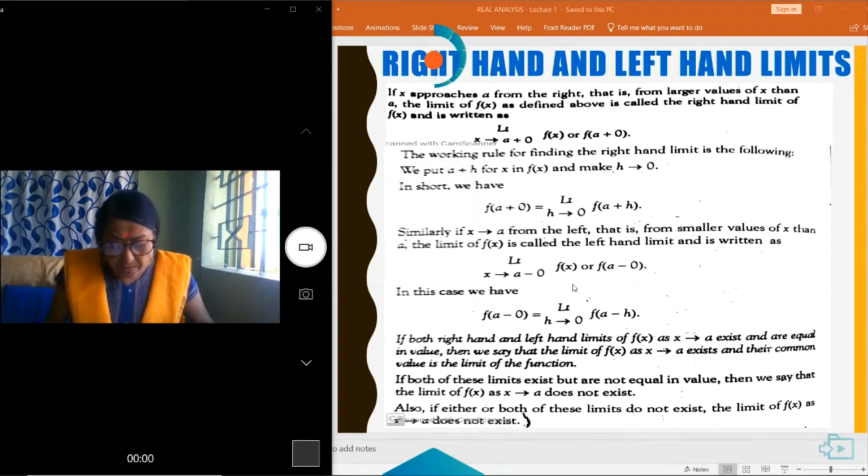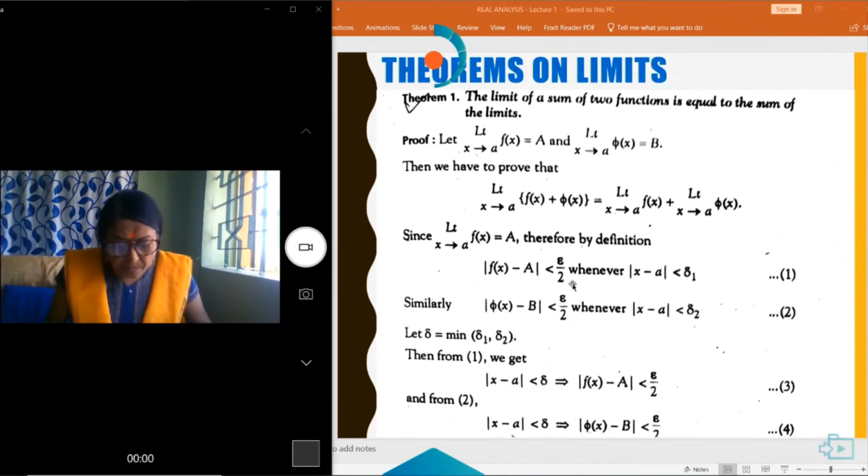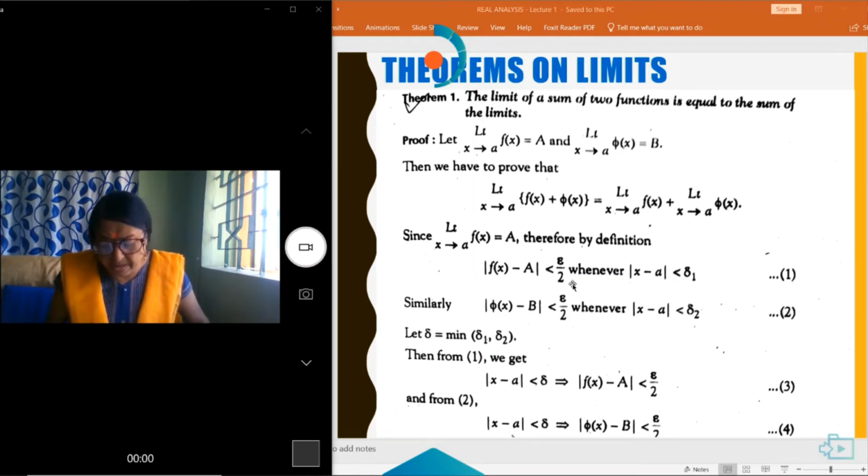The limit of a sum of two functions is equal to the sum of their limits. Let limit x tends to a of f(x) be equal to capital A and limit x tends to a of phi(x) be equal to capital B. We have to prove that limit x tends to a of f(x) plus phi(x) is equal to limit x tends to a of f(x) plus limit x tends to a of phi(x).